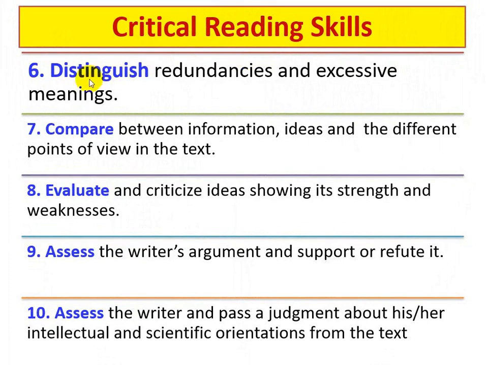Next, number six, to be able to distinguish redundancies and excessive meanings. Redundancies are things which you can remove without affecting or distorting the overall meaning of the text, for example. Okay? Number seven, to be able to compare between information, ideas, and the different points of view in the text.